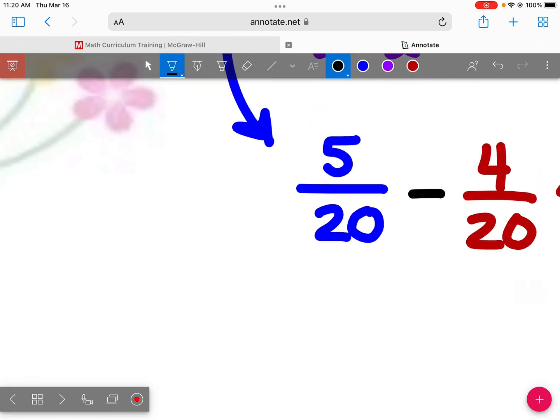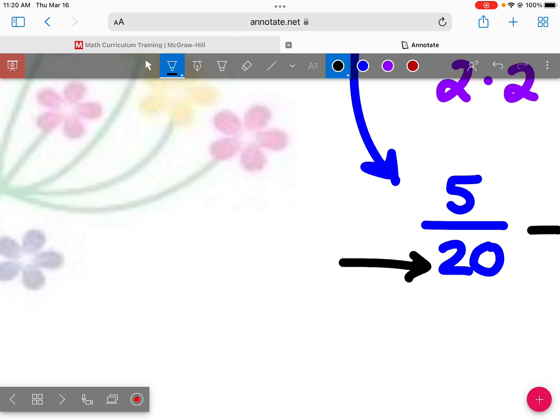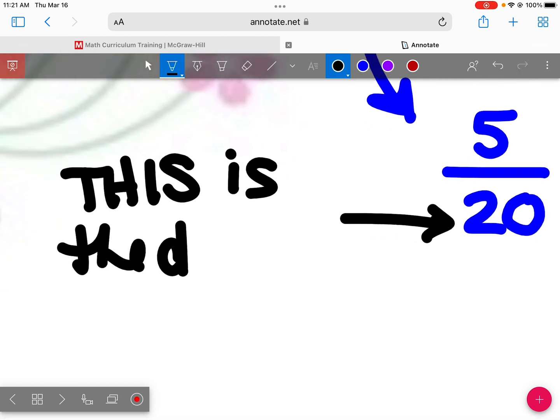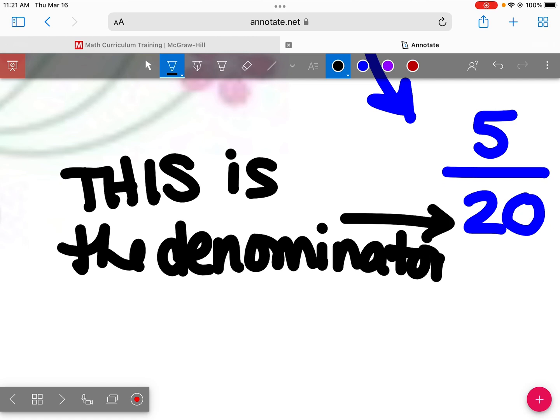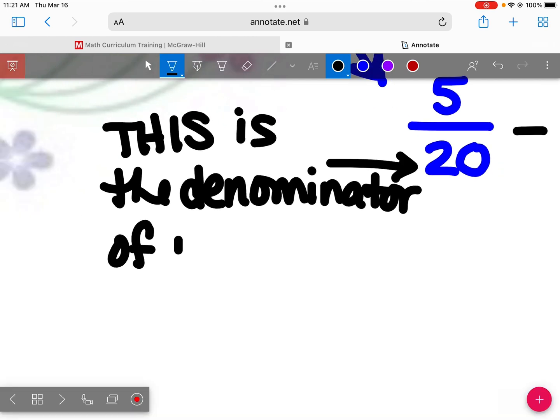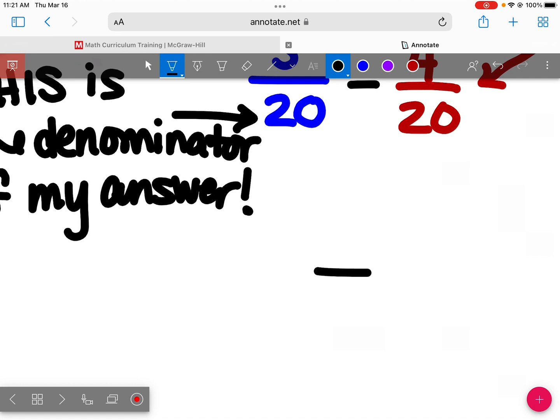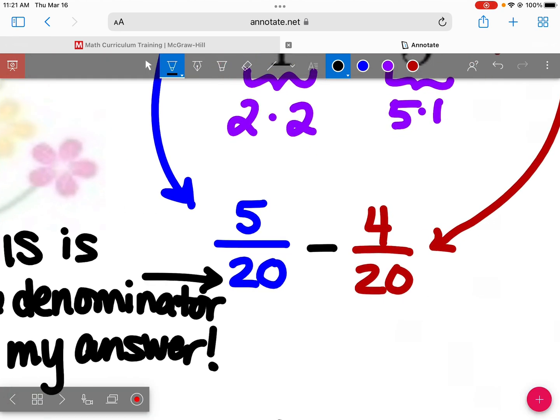Once I have that common denominator, this is the denominator of my final answer. That common denominator will not change once I have it.